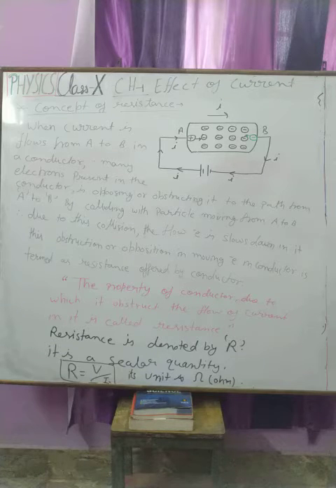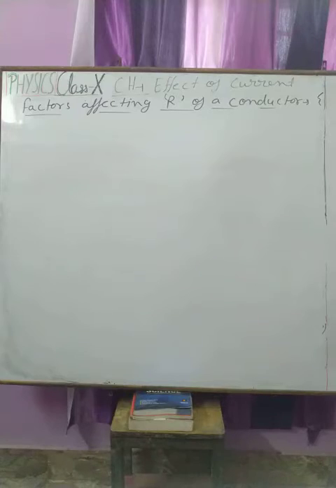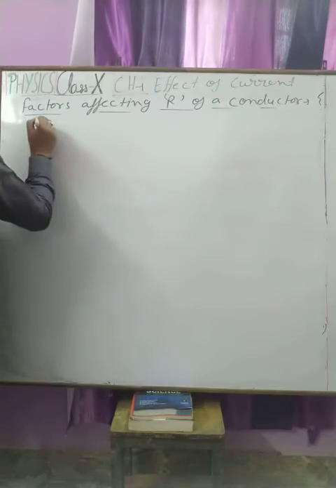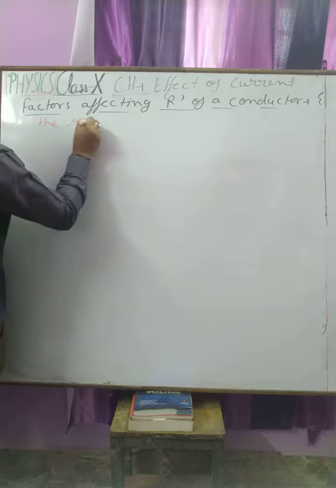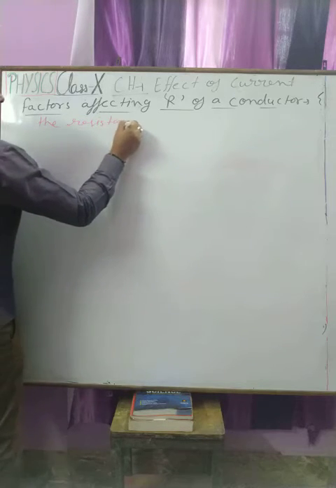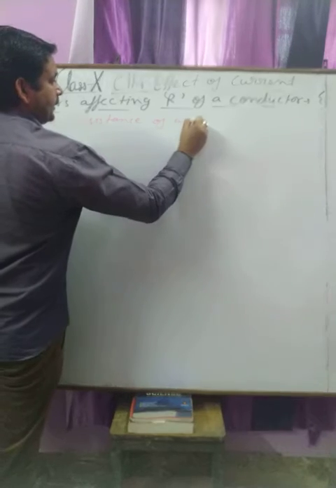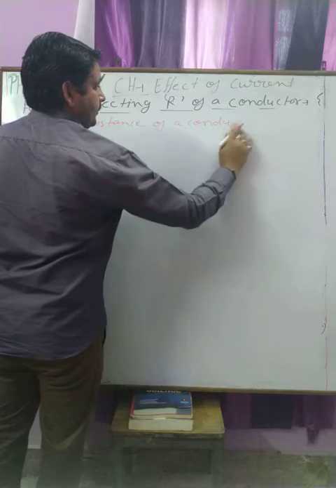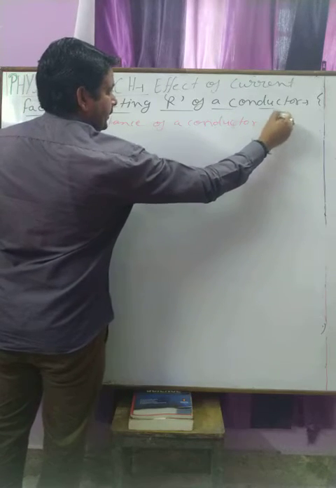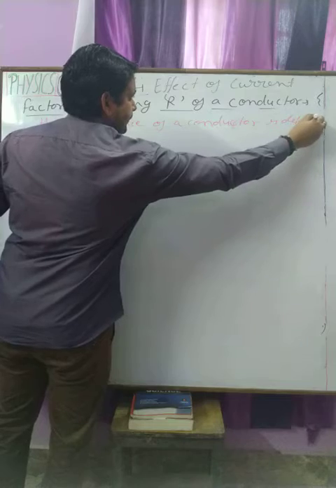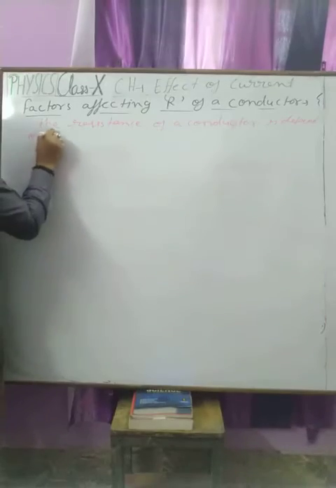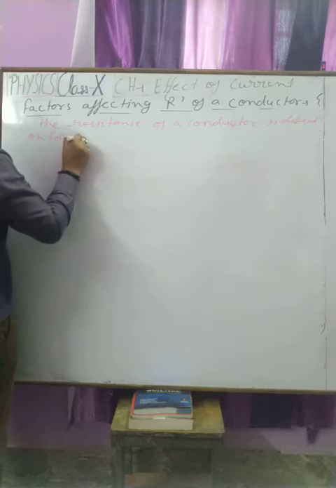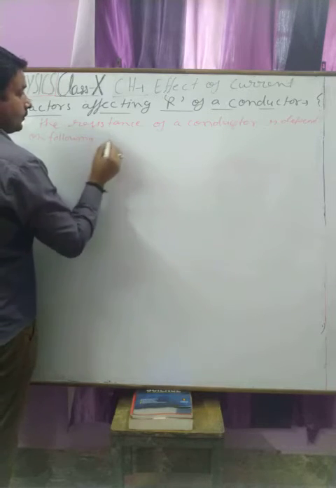Now, student, we are discussing the factors affecting the resistance of a conductor. The resistance of a conductor depends on the following things.